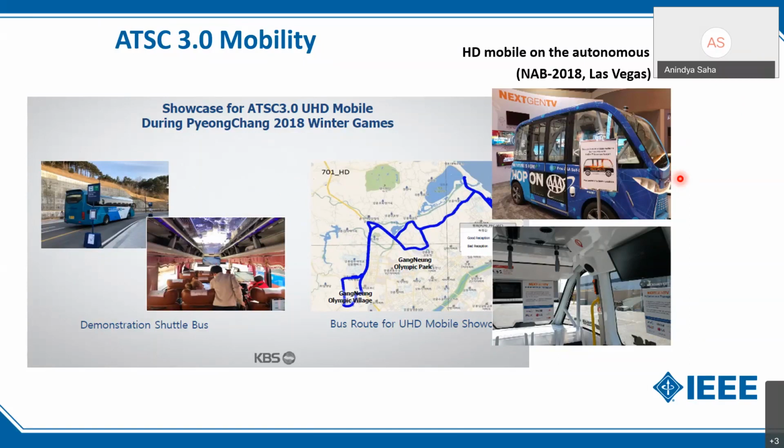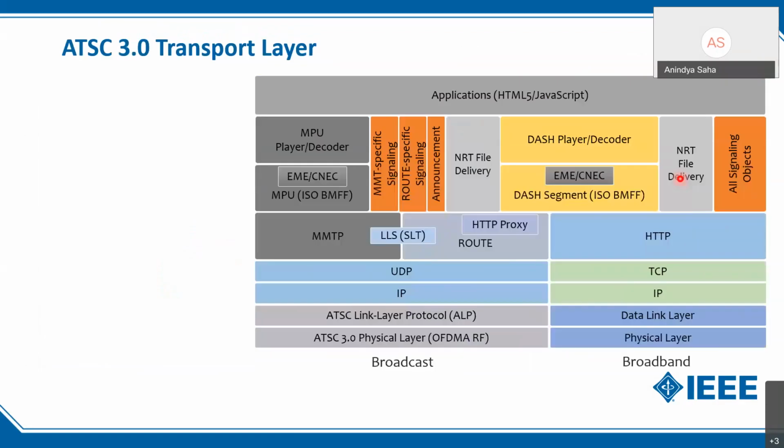So having covered this in great detail, we can now shift gears and come to what is called the transport layer. If you look at the transport layer, what are the things that you see here? On the right-hand side, this is called broadband; this is the broadband protocol stack. On the left-hand side, you can see the broadcast protocol stack.